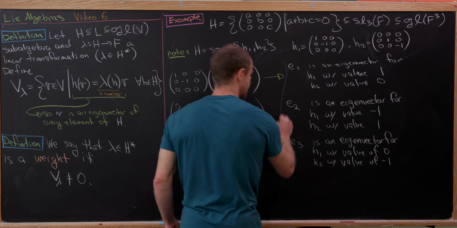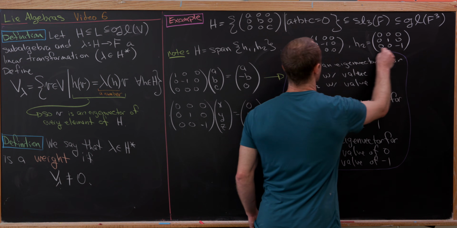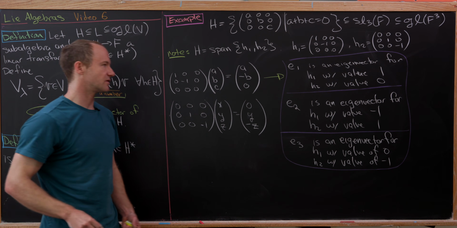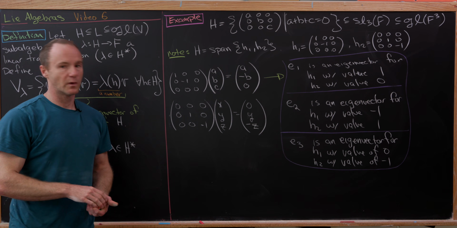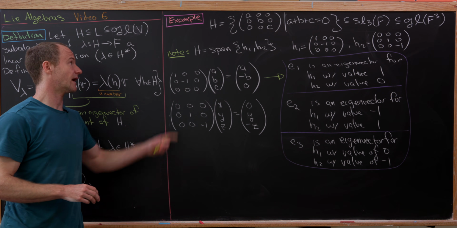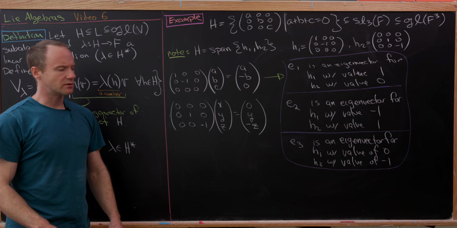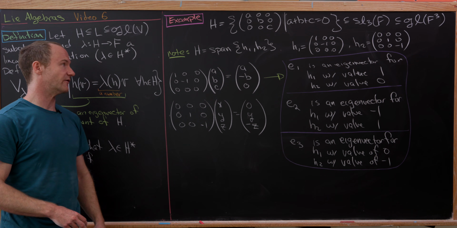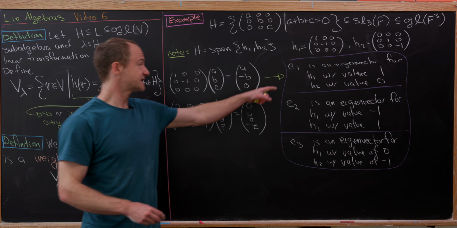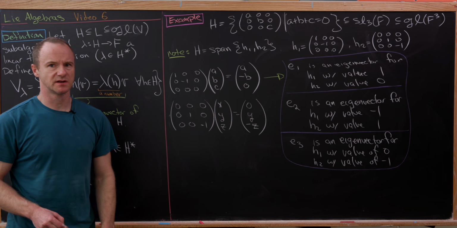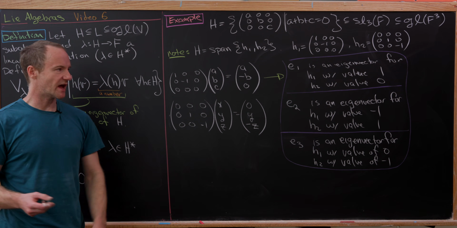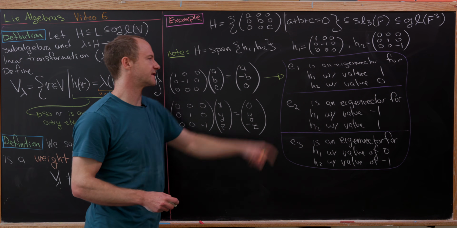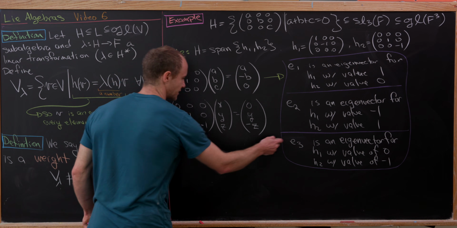Okay, so I think that's a pretty nice description of the eigenvector-eigenvalue relationships between the standard basis vectors and these H1 and H2 elements of H. So now we'd like to at least get one example of a weight here. In fact, these three boxes right here give us three standard ways to write down weights in this case. Maybe we'll just focus on this first box and I'll let you do the other ones on your own.